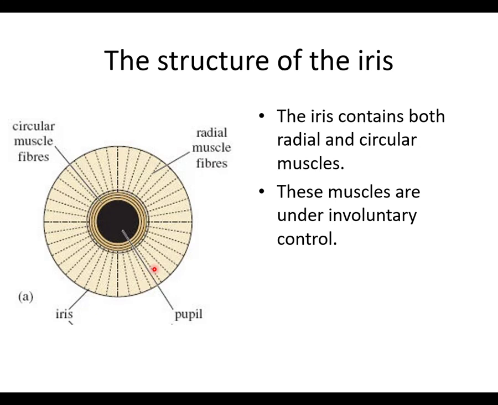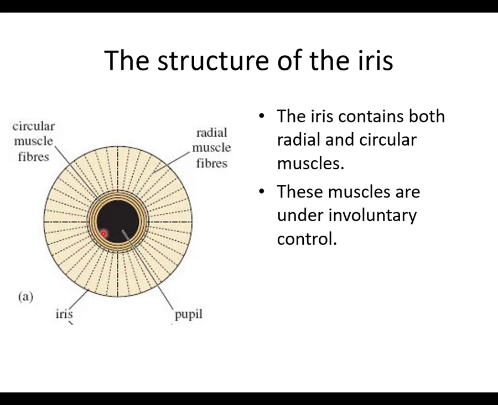When a muscle contracts, it gets shorter. So when the radial muscles get shorter, they pull on the outer edge of the iris. They all get shorter, your iris gets smaller, and your pupil gets bigger.